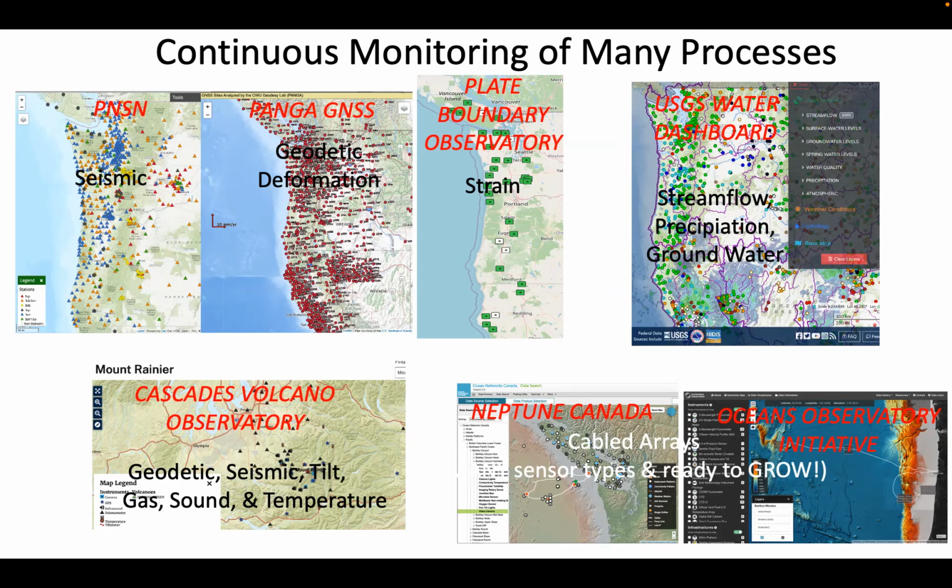There's all kinds of climatic data and environmental information, volcanic monitoring, and even a little bit of offshore. There are 2 cables, which I want to just emphasize. They monitor many different things, and there is room to grow. So this is a big place where we could really make some strides at relatively low cost in offshore monitoring.